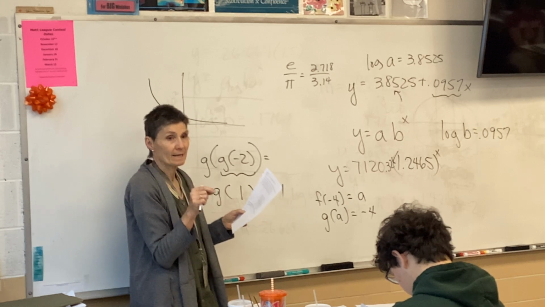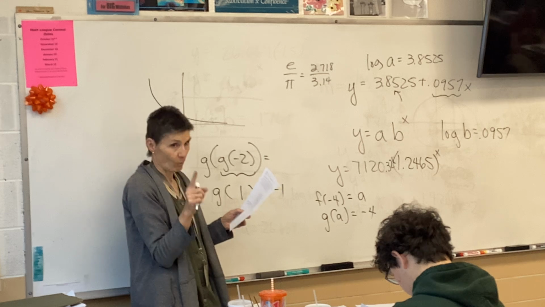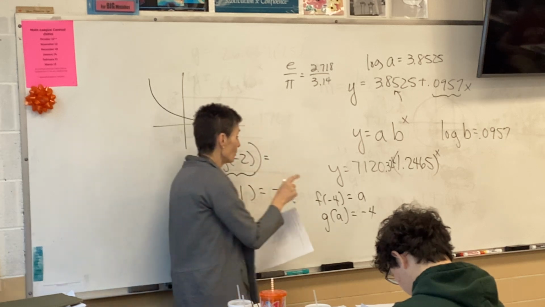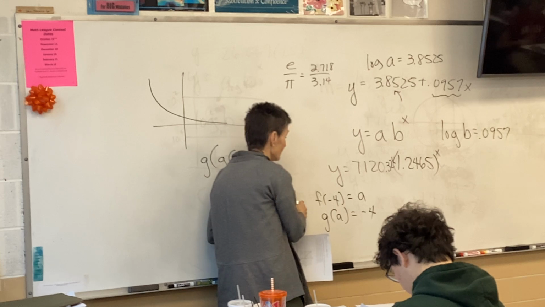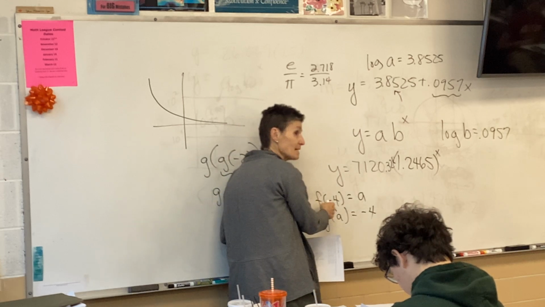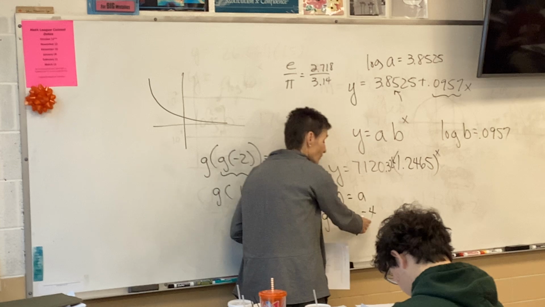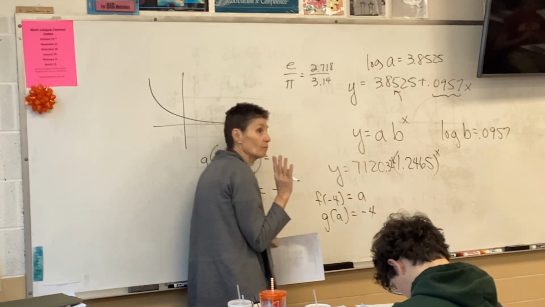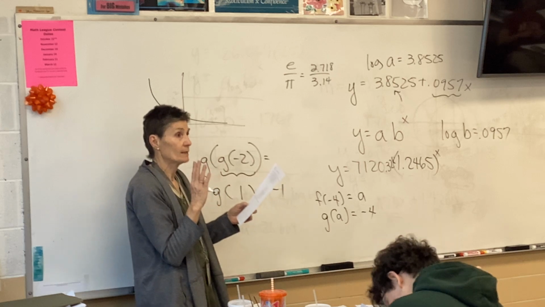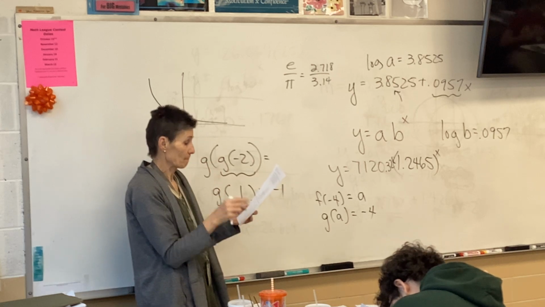Where is y negative 4? At 4. Right. So f of something, that's an x, but in the inverse, that would be a y. So the answer is 4. Are we clear on that? Everybody good on that? All right.